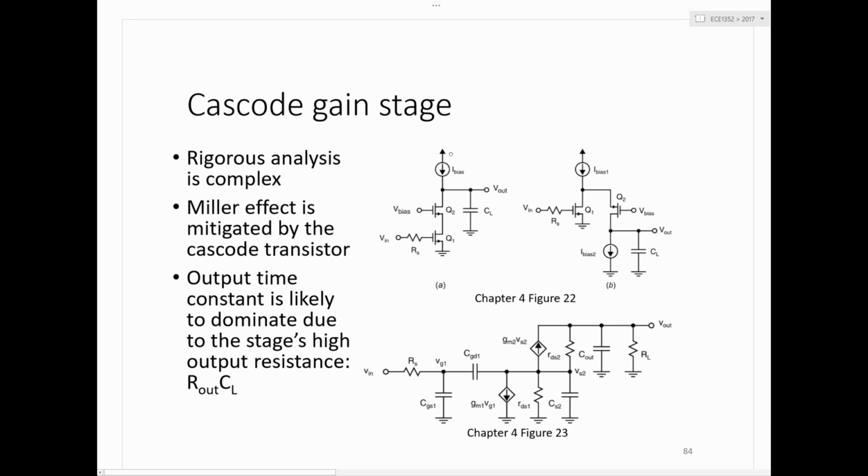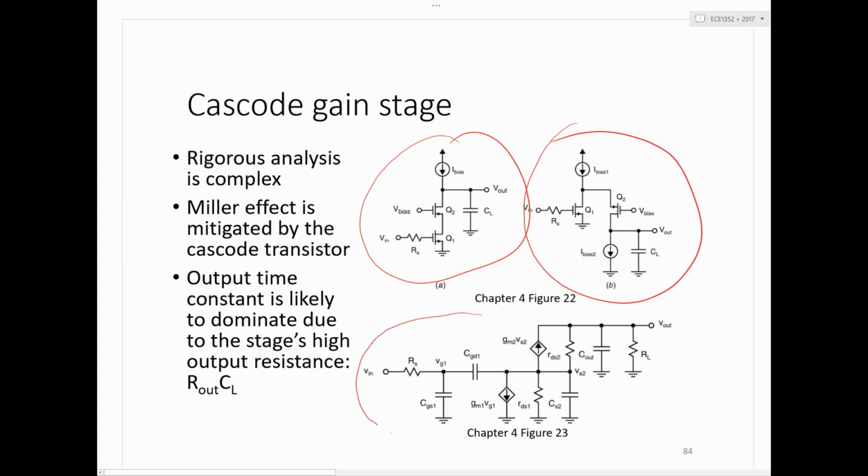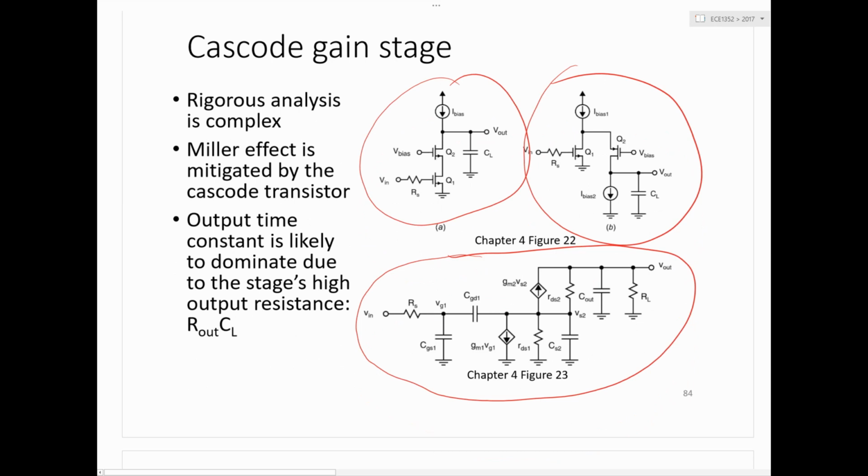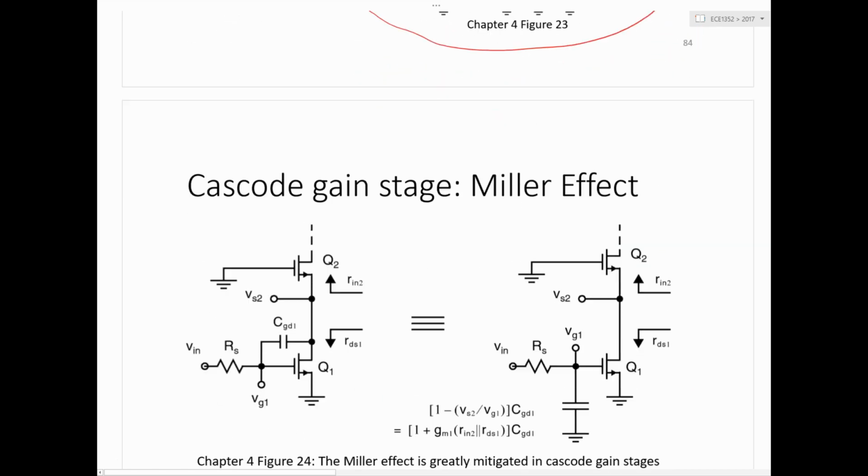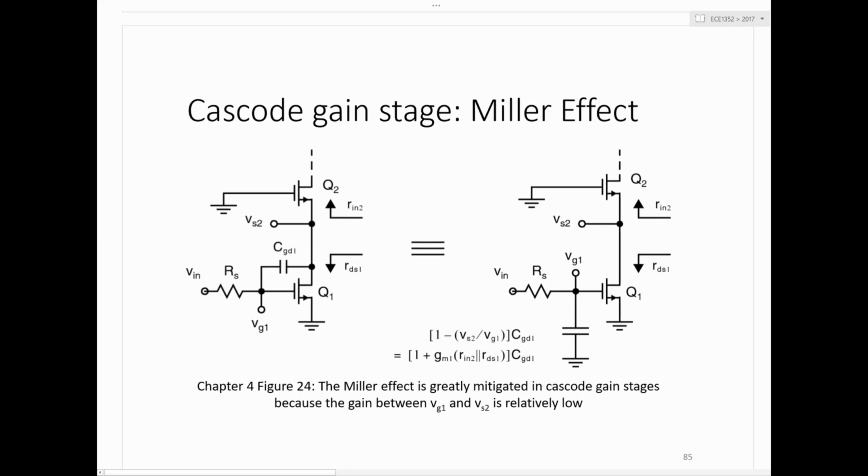In either case, starting from a telescopic or a folded cascode, the small signal representation of both of these is the same. You can do the time constant analysis, and the key point of interest is the way the cascode transistor impacts the Miller effect. The Miller multiplier is the factor by which CGD1 is increased by the gain of Q1.